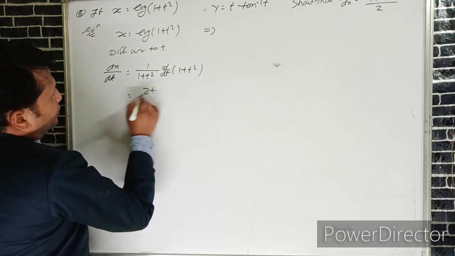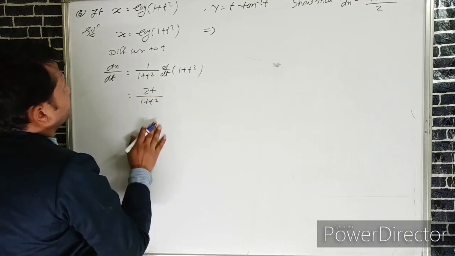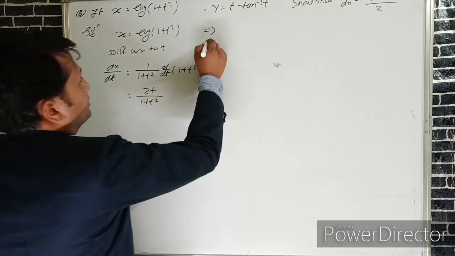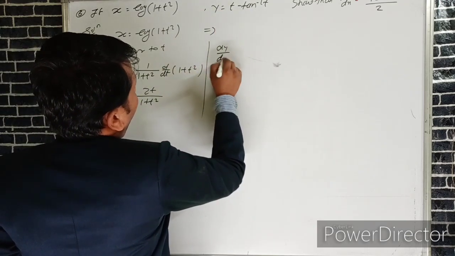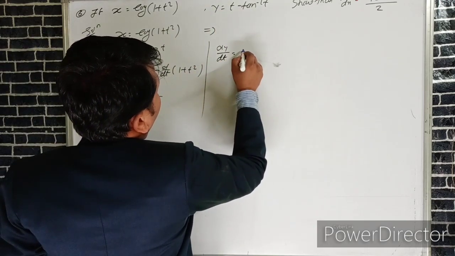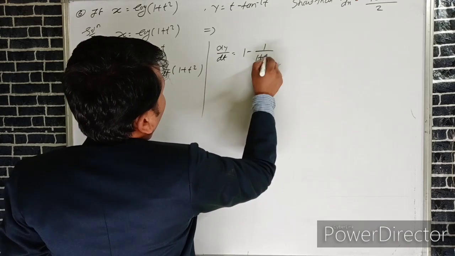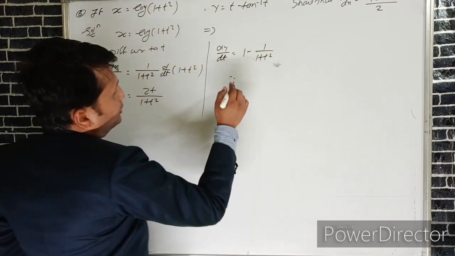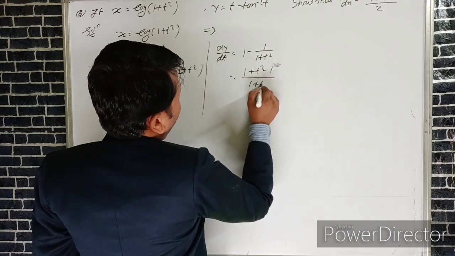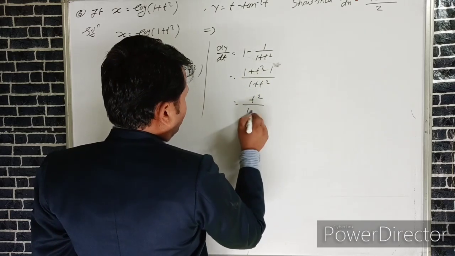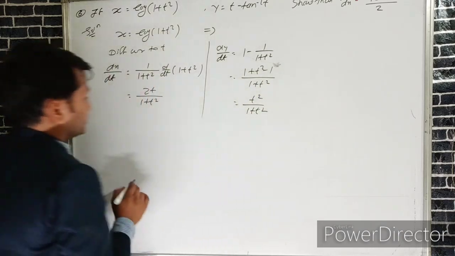The derivative of 1 plus t square is 2t upon 1 plus t square. Again, we can write the derivative of y, dy upon dt, equals the derivative of t, which is 1 minus 1 upon 1 plus t square. By cross multiplication, 1 plus t square minus 1 upon 1 plus t square is equal to t square upon 1 plus t square.